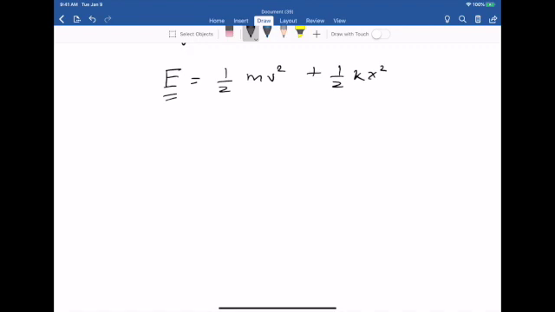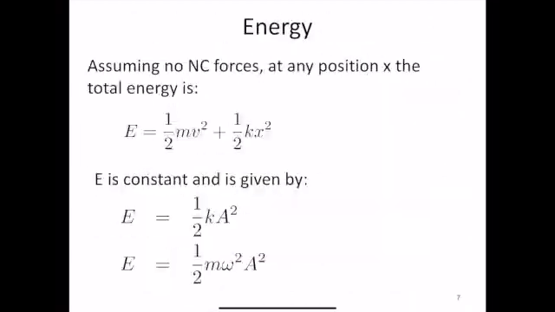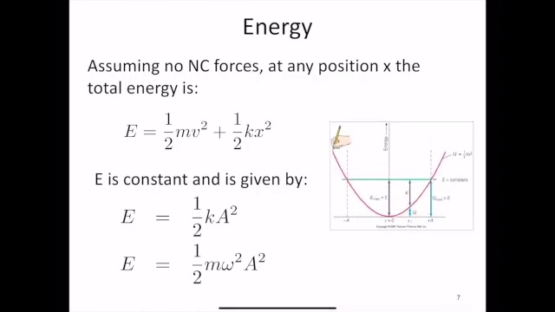You can also see this graphically if you just look at this graph. The potential energy is given by half kx squared, so that's going to look like a parabola if you plot that. So this is u equals half kx squared. The red parabola is a graph of the potential energy versus x.